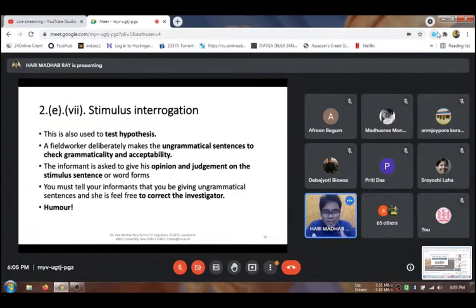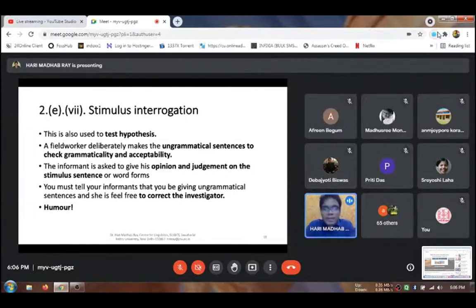Sometimes you can make lots of humor, especially making a wrong sentence. It's really fun to talk about stimulus interrogation, since you do not know the language and you are making a sentence. It happens, even if you're learning Hindi, for many Bangla speakers, it is still very difficult if you're talking about the agreement rules. So they say, Ram chai pita hai, or chai piti hai.